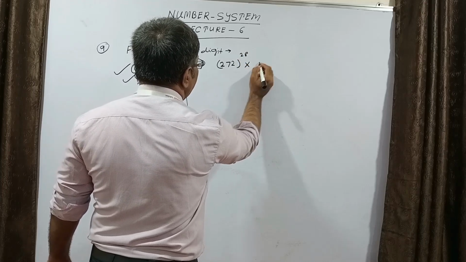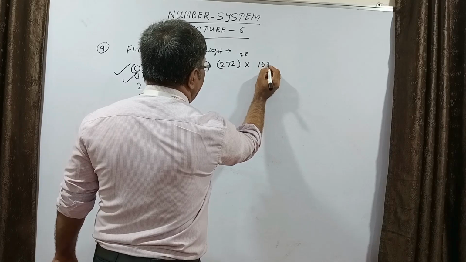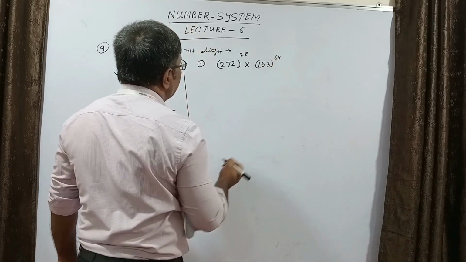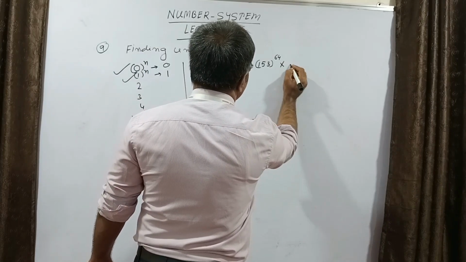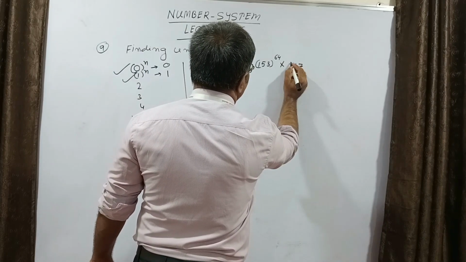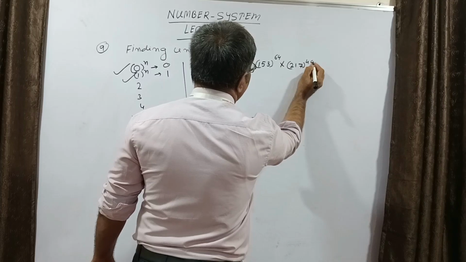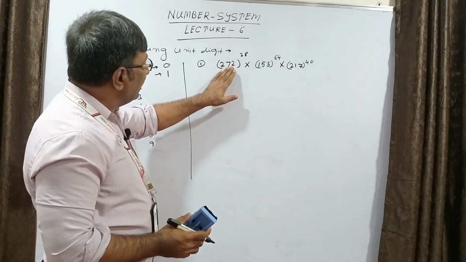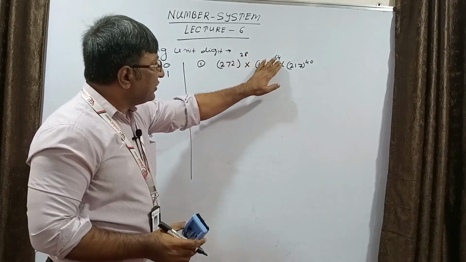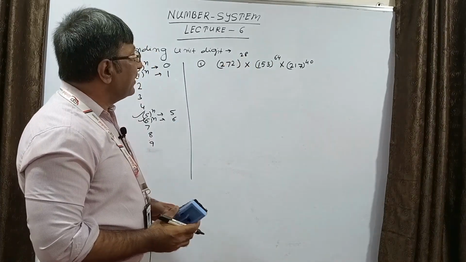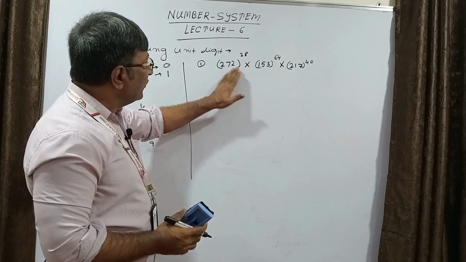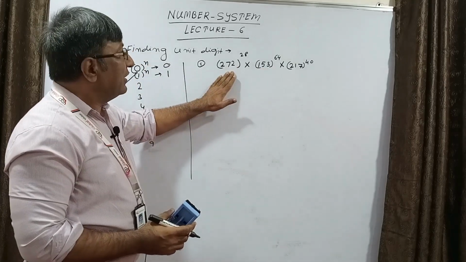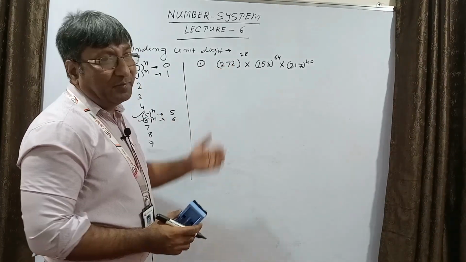In the same way, this is 153 to the power 64. And again this is 217 to the power 40. So the powers given are 28, 64 and 40, and our unit digits are 2, 3 and 7.